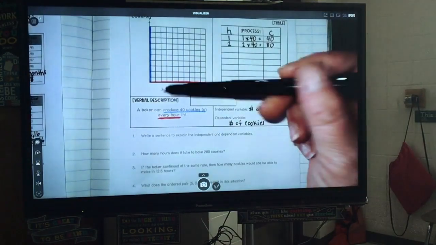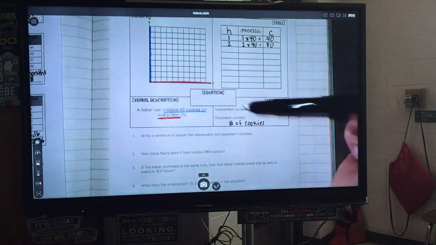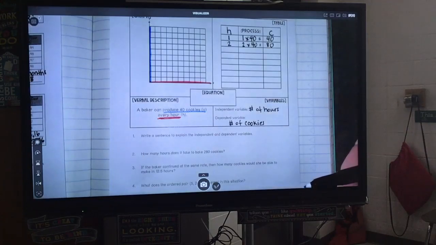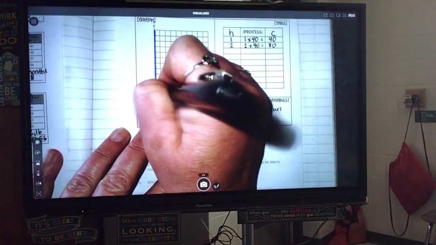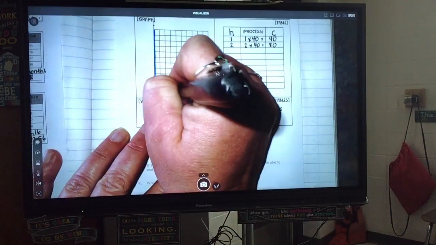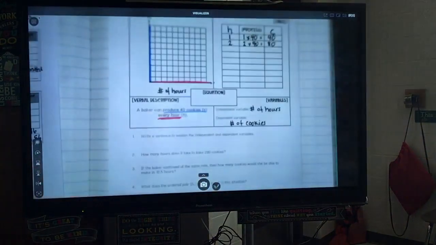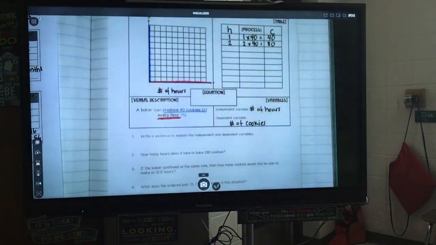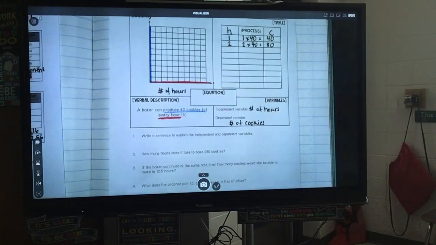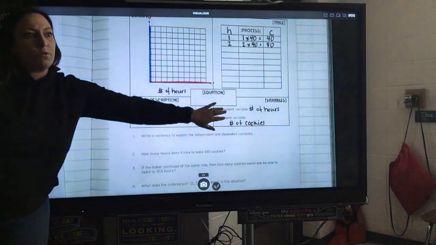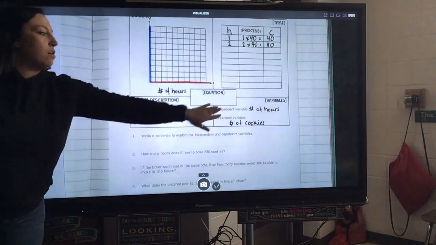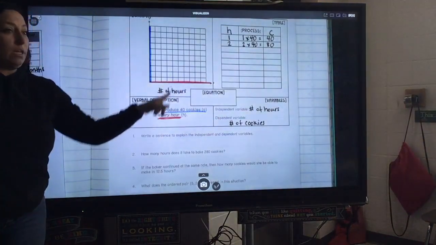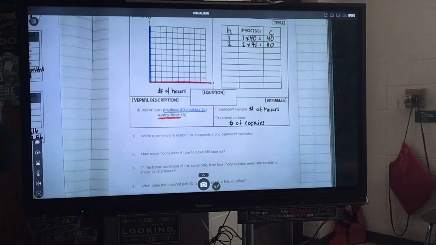Now, what are we gonna title the X coordinate? What are we gonna title our independent variable coordinate? Zoe? Number of hours. And Zoe, where did you get that information from? The verbal description, or this box right here. So we identified it here, we put it here, we color coded it here, right? There is a rhyme to the reason of the crazy colors I make you guys use.